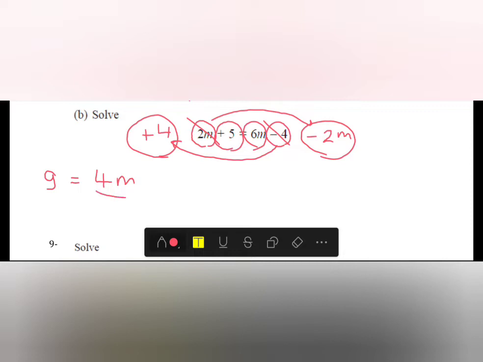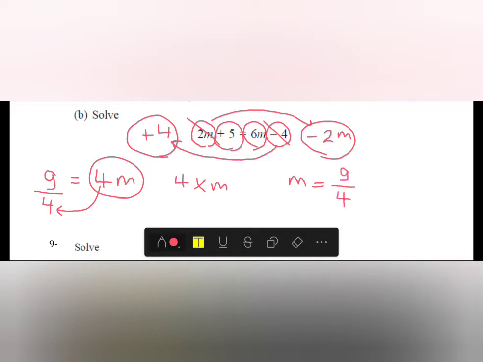Now here we have 4 times m, and we want to get rid of the 4. So we're going to take it to the other side by dividing. So 4 goes here by dividing. It's going to be 9 over 4. So m equals 9 divide 4.